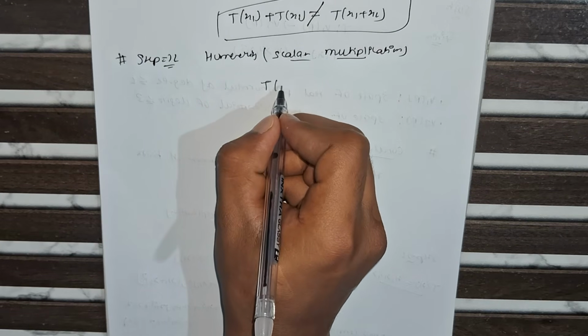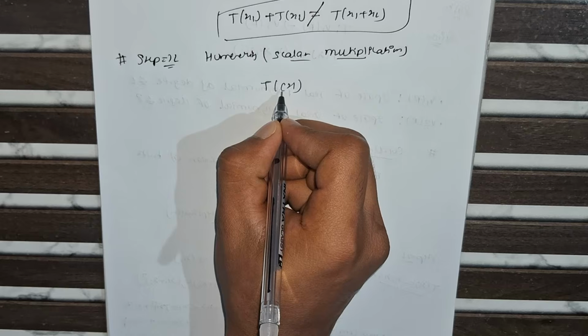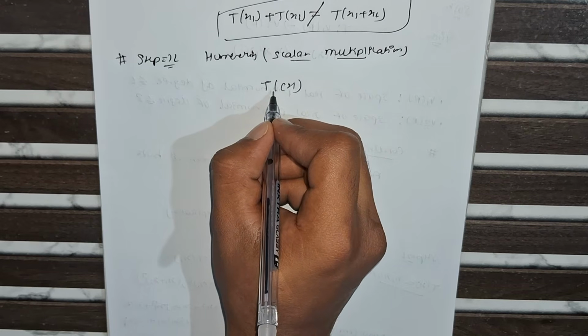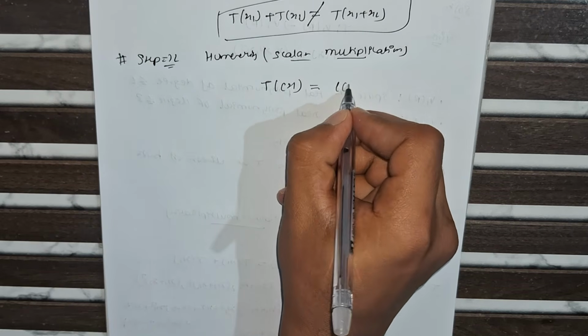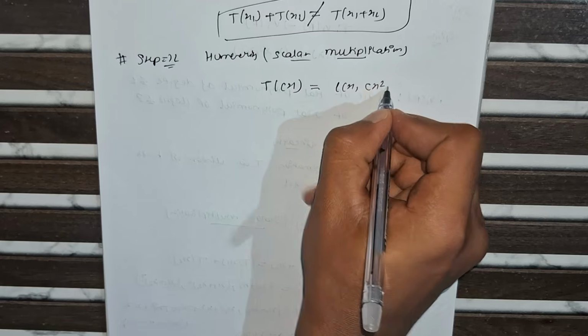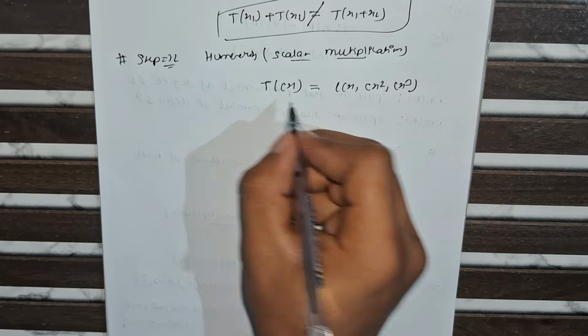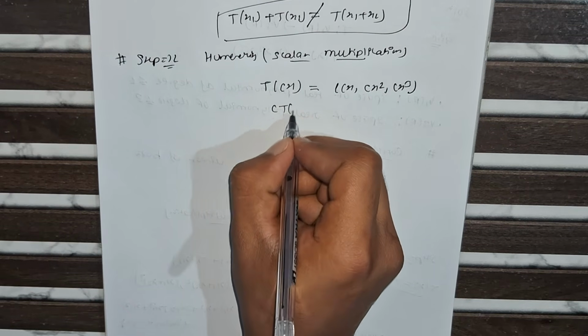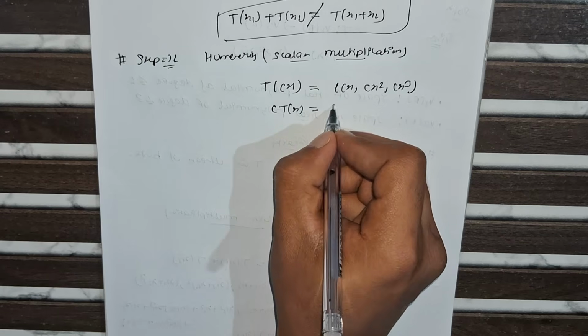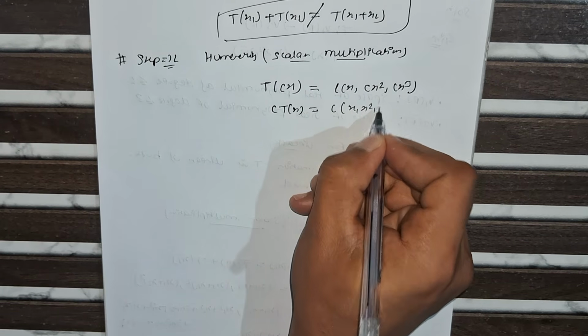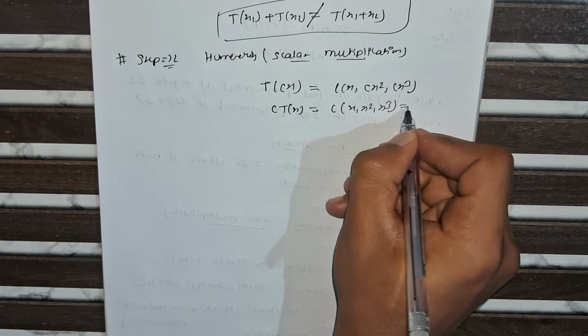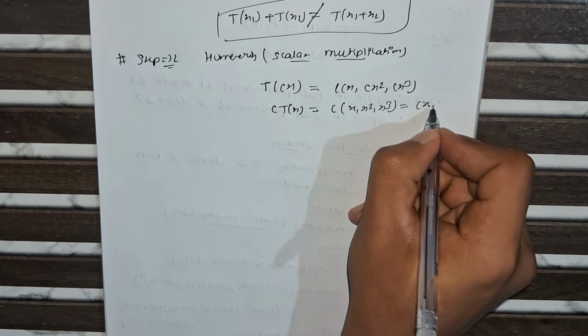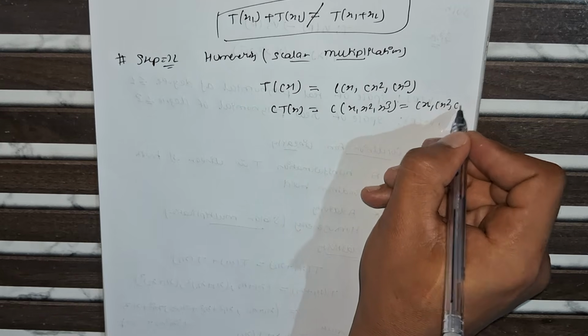T of cx is any constant multiplied by our given transformation, which equals cx comma c x square comma c x cube. If we take c outside, T of x equals x comma x square comma x cube, which should equal c times x comma x square comma x cube. But here we get cx comma c x square comma c x cube.